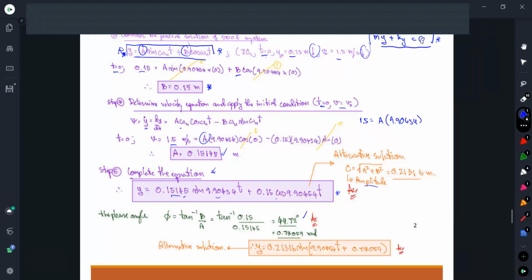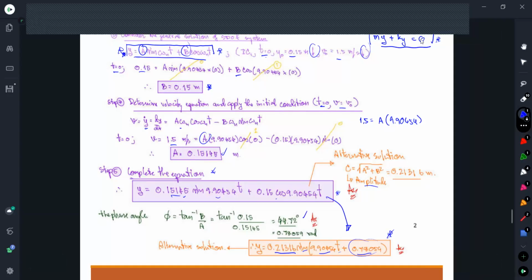or 0.780959 radian. Then we can have the alternative solution that comes from this equation, that is equal to 0.21319, which is the amplitude of the vibration, times sine of omega t plus the phase angle. So the solution can be written in two forms like this.